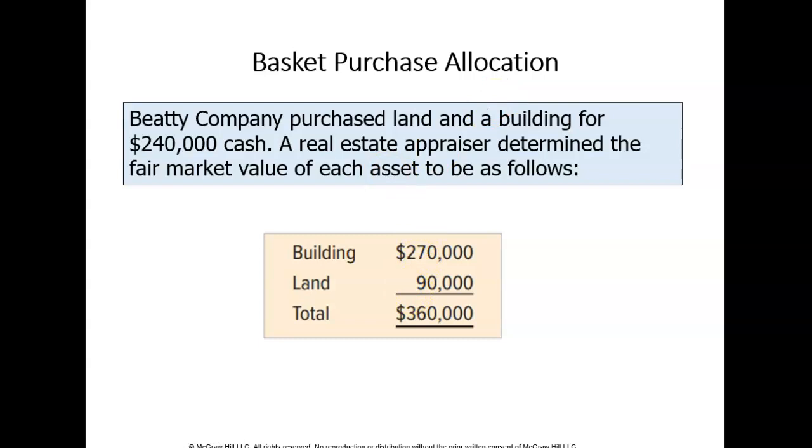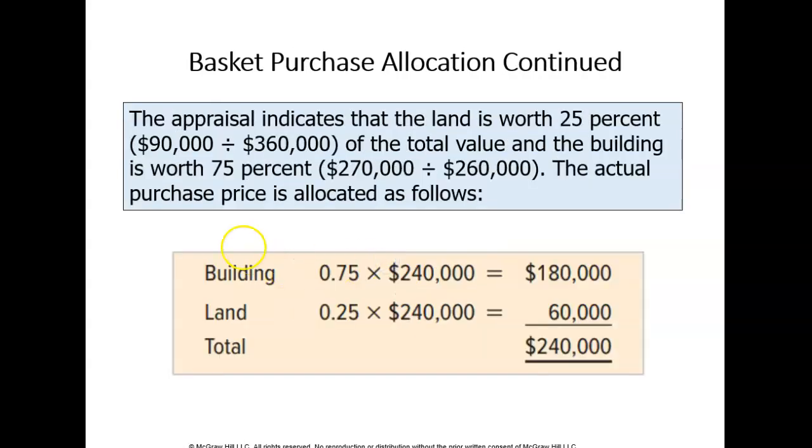The building has a fair market value of $230,000, and for the land, its fair market value is $90,000. So we're going to determine each asset's percentage of the total fair market value, and then multiply that times the purchase price. All right.